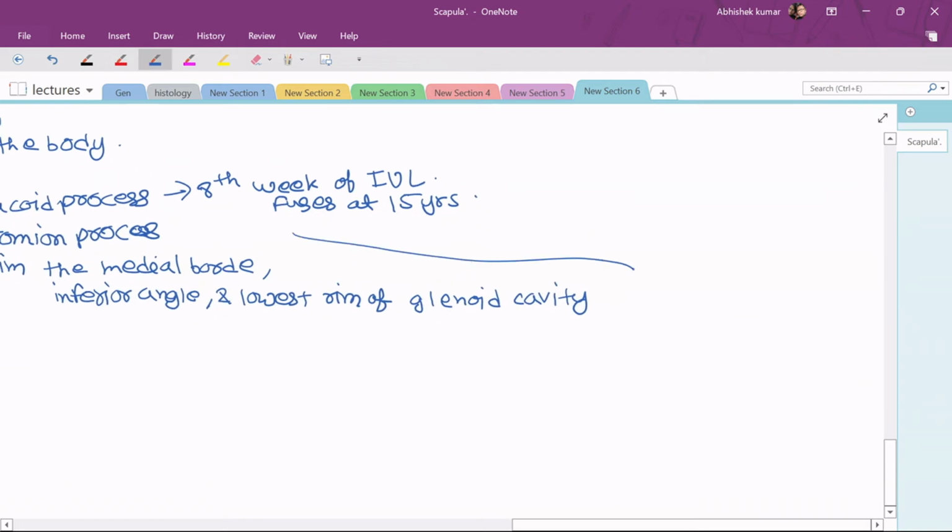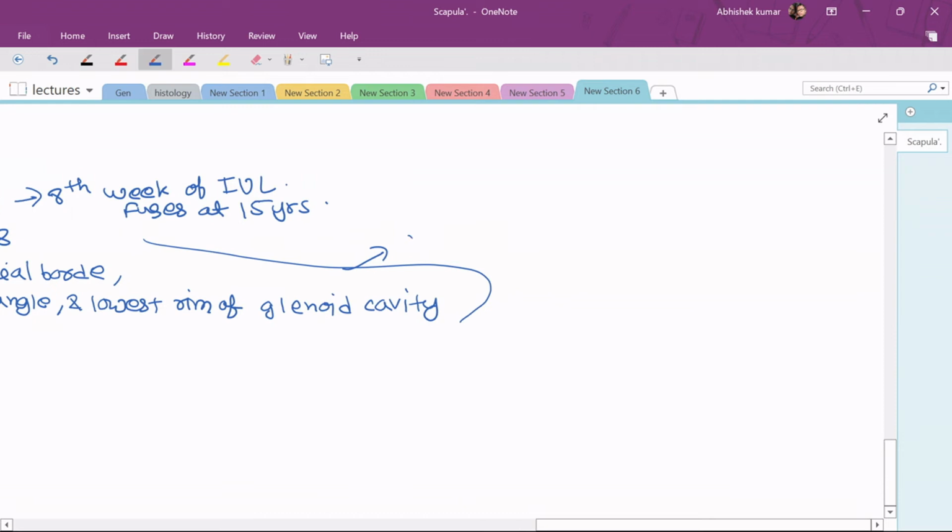But all of the other centers appear during puberty and fuse by the time you are 20 years old.